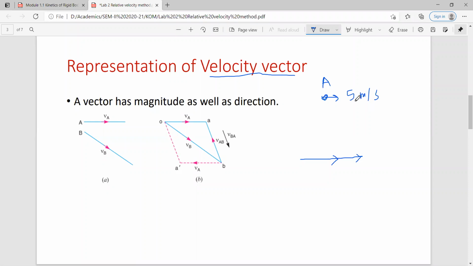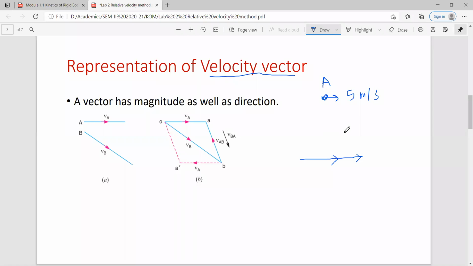So suppose its velocity is 5 meter per second. Now I have to keep the length of this vector as 5 meter. I have to select some suitable scale for it. If I keep a 5 meter length, the line will be very long and it will not fit in the given paper size.